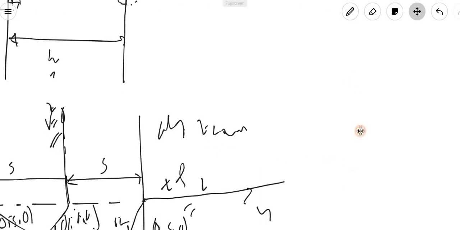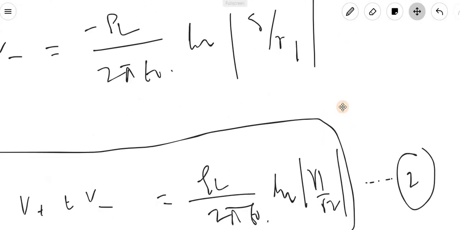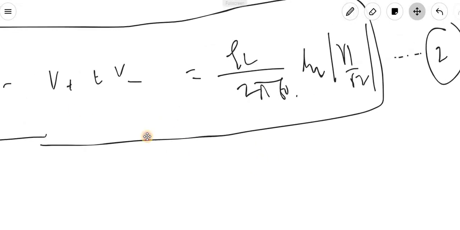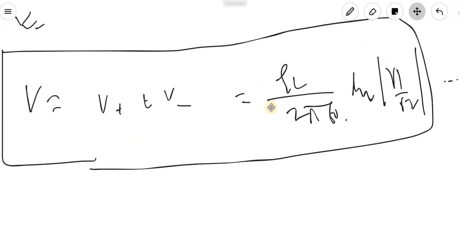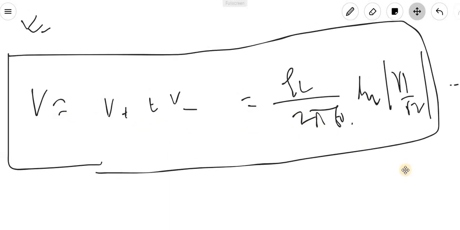But here we have two potentials, two bipolar electric field lines with distributed charge, and they are symmetrically positioned. So the expression for the potential is the same.